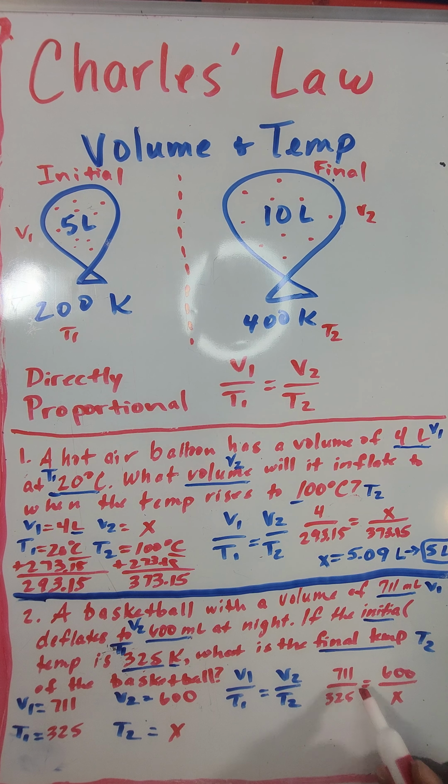So what do I mean? I'm going to multiply the 700 times X, and set this equal to the other one right here, 325 times 600. We'll just write it, 600 times 325. Should be a parentheses right here. I ran out of space.